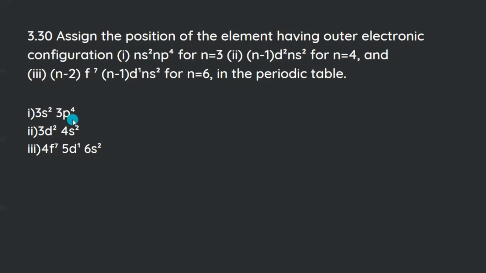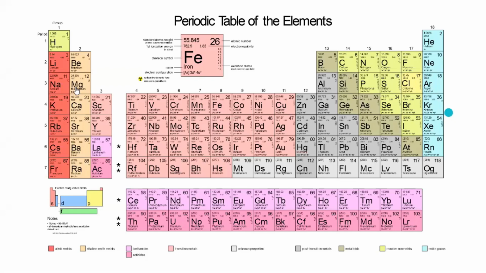In our p block, group 18 has 6 electrons in the outermost p subshell, which means this has 2 electrons less. So group 18, 17, and 16. So group 16 will have the electronic configuration of 3s2, 3p4. And since it has 3 as its outermost shell, it's in the third period. So here, third period, 3s2, 3p4.